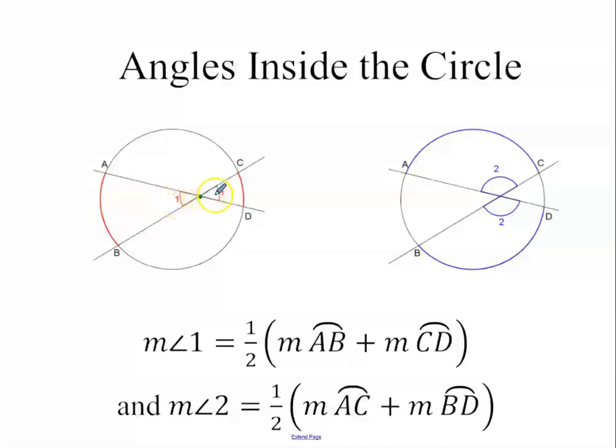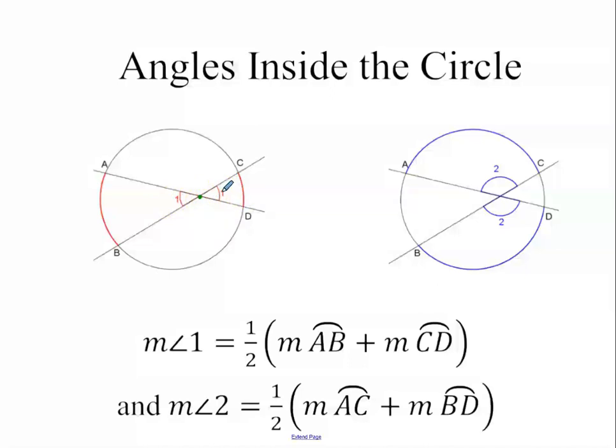And so it wouldn't make sense for this arc and this angle to be the same measure and this arc and this angle to be the same measure, because that would imply that this arc over here and this arc over here are the same measure. And we can definitely see that that's not the case in this picture. So keep that in mind. Just because this is inside the circle does not mean that it's a central angle. And so the angle and the arc are not going to be the same thing because it's not a central angle.